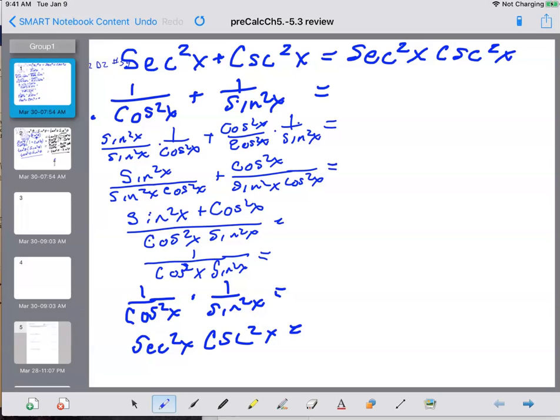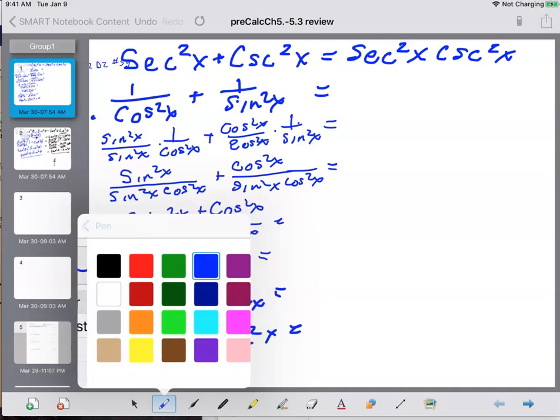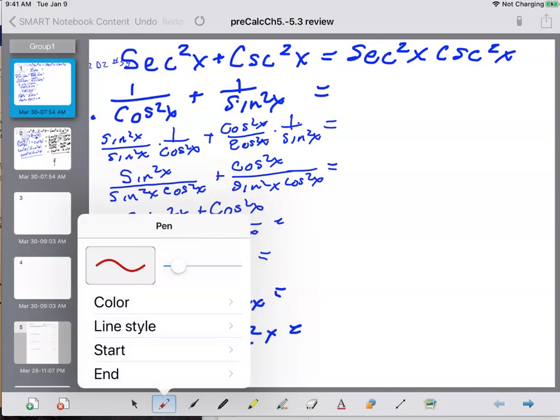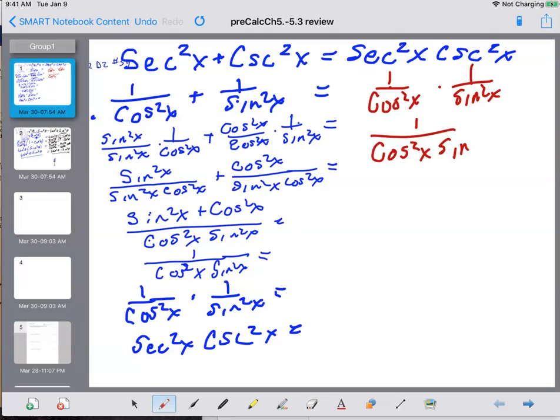If I wanted to, I can start it on the right side, but the right side took a little bit of thought, and because I did the left side, I have a better idea on what to do. The first thing is I'm going to have them separated: 1 over cosine squared x times 1 over sine squared x. Okay, I'm going to multiply them together, so I've got 1 over cosine squared x sine squared x.